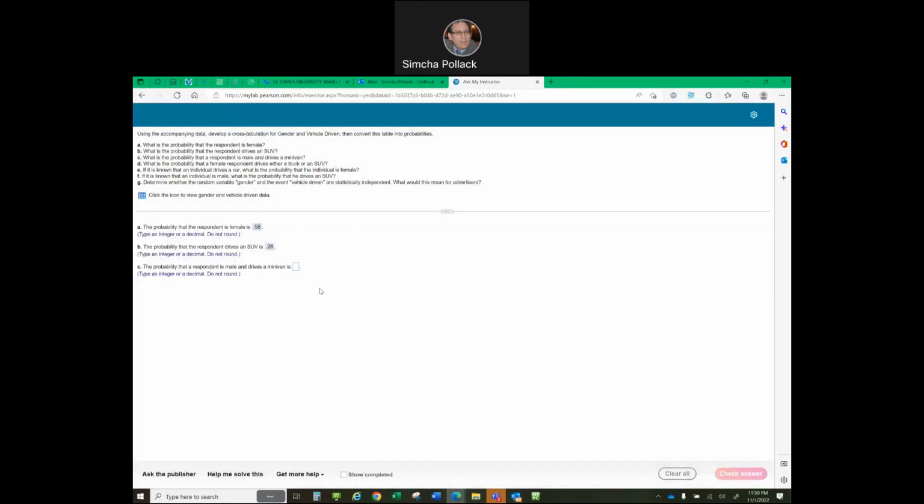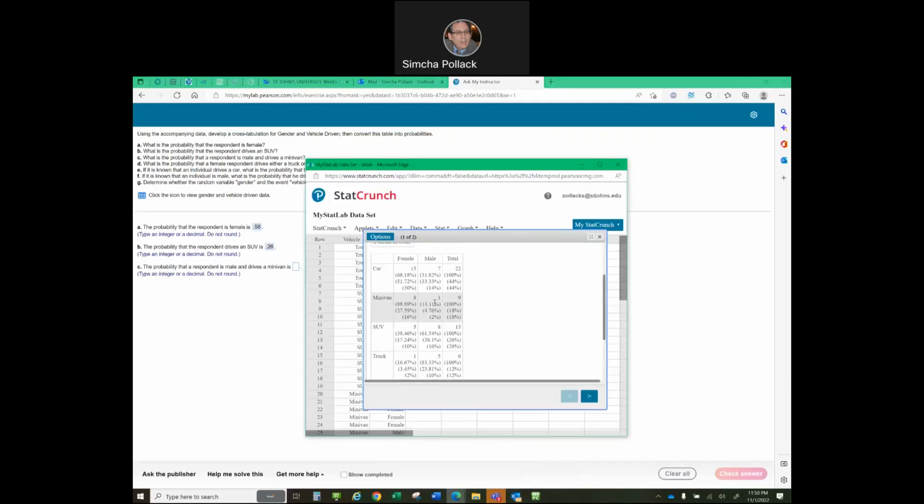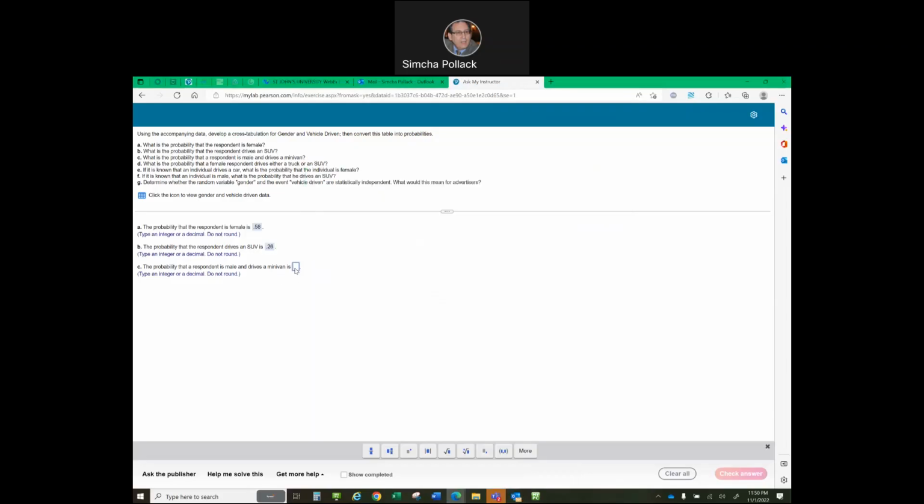The probability a respondent is male and drives an SUV is called a joint probability. Male SUVs are in this column, and it's 8 out of 50, or 16%. So the numbers are there if you know where to find them.